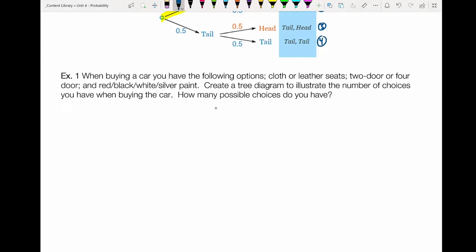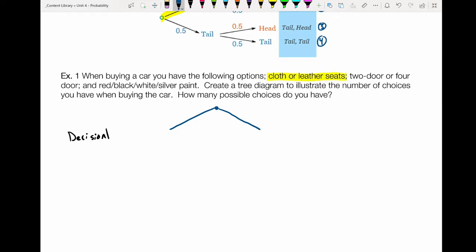Basically you're going to start off at the top, and we're going to start our branch. Our first decision, and I'll highlight it, is the cloth or leather seats.